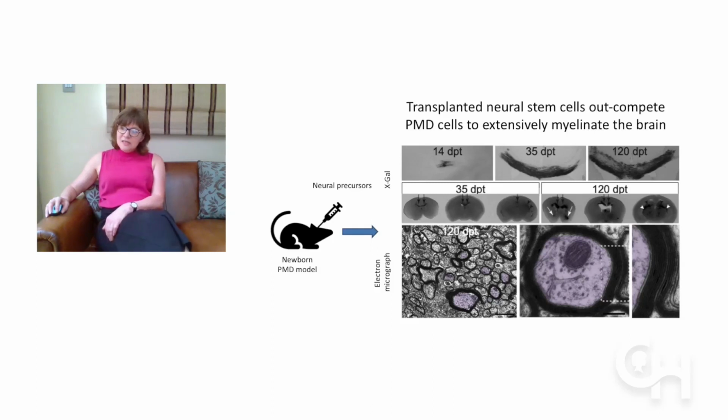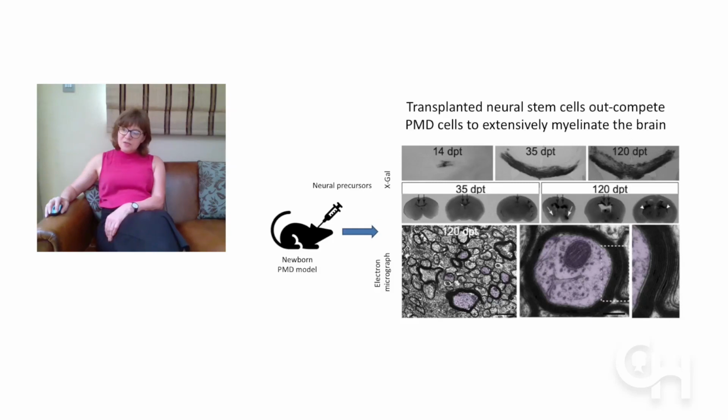And what you can see indicated by the dark material in these upper three images is that myelin has formed from the transplanted cells. In the images on the very bottom, and these are labelled electron micrographs, these are images taken using a very high-powered electron microscope, and they look at the very ultra-structural detail of the transplant-derived myelin.